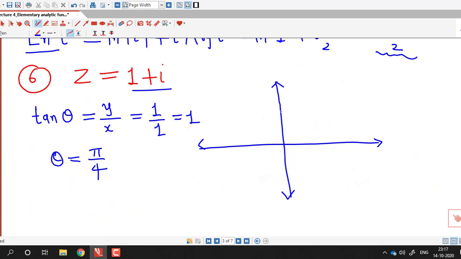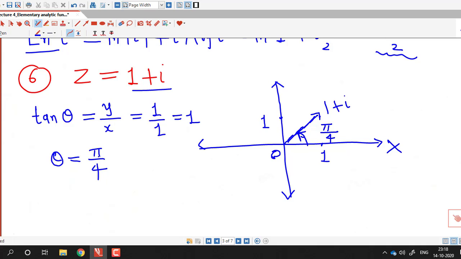This complex number is in the first quadrant, and the angle made by the vector representing 1 plus i with the positive x-axis is pi by 4.